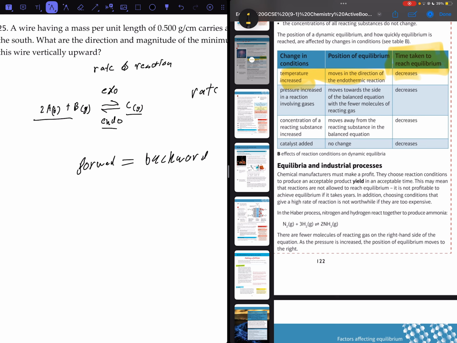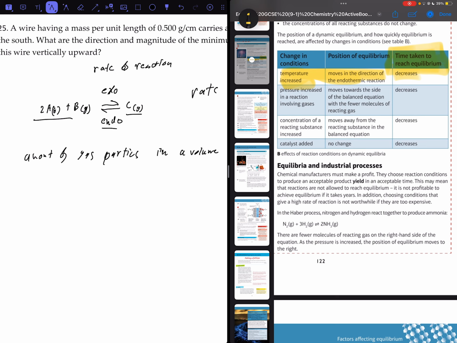So catalysts increase the rate of reaction, so they decrease the time taken to reach equilibrium. However, they do not affect the yield at all. That's catalysts done.